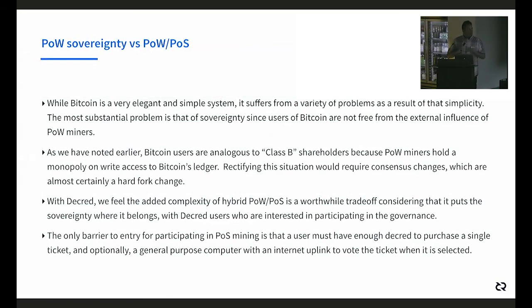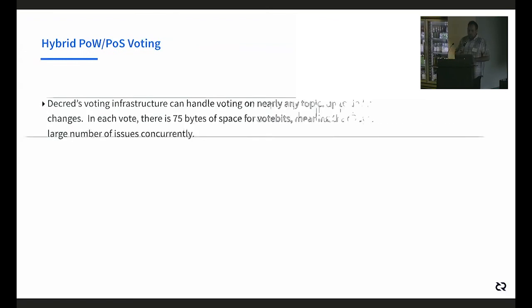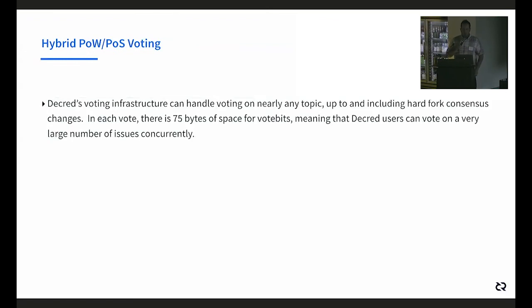So the voting component of this bears a quick review, because I'm about to get into the hard fork voting part. The voting infrastructure, as I said before, can be used to signal. That is, we could ask users, what color do you want us to change the logo to?